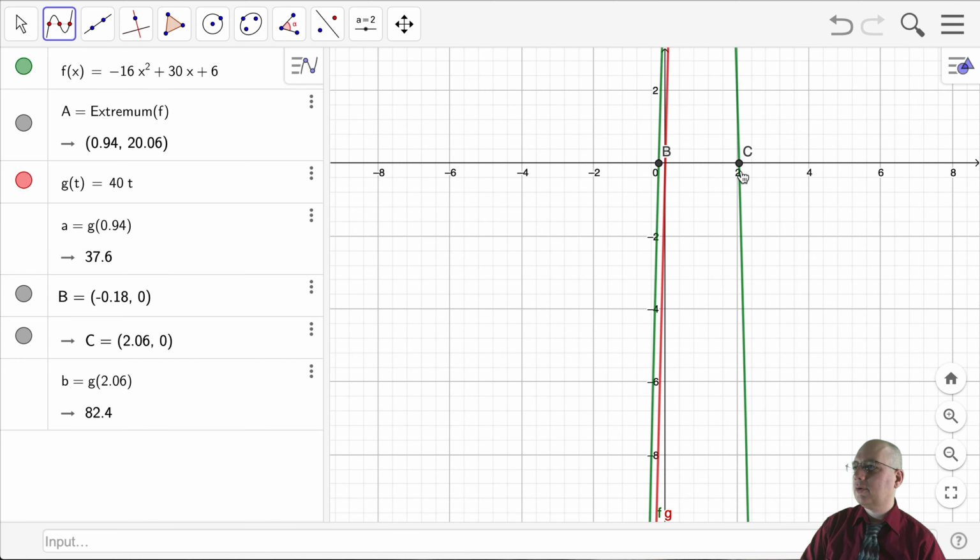So 2.06 is almost twice 0.94. And twice 37.6 is not too far from 82.4. Some differences, but it's close. All right.